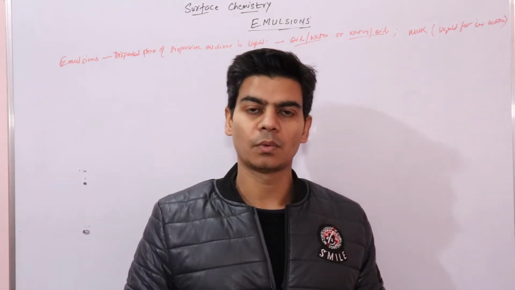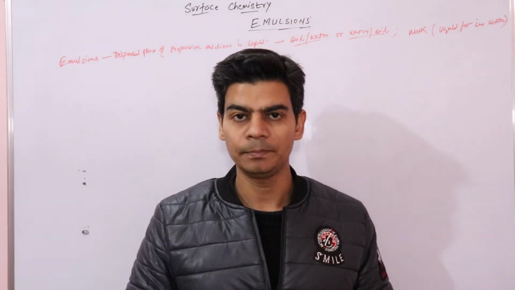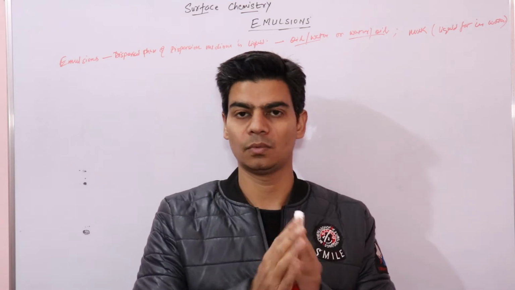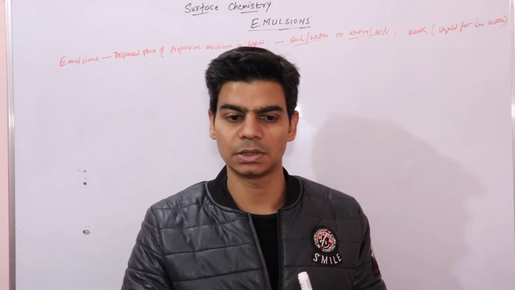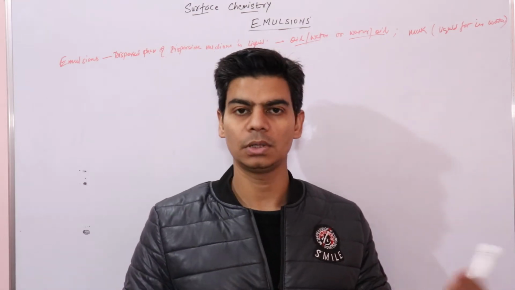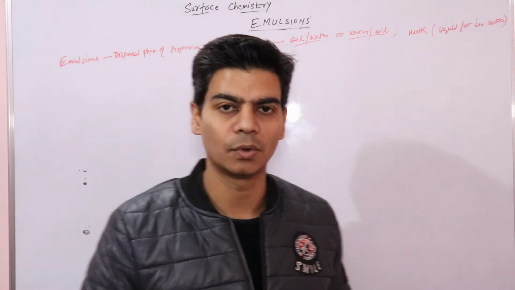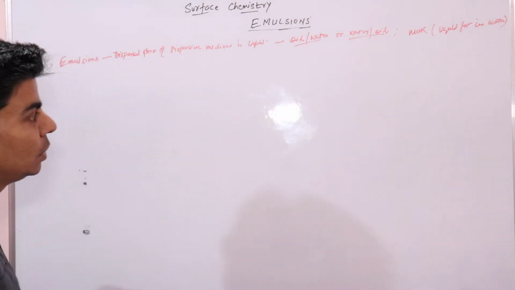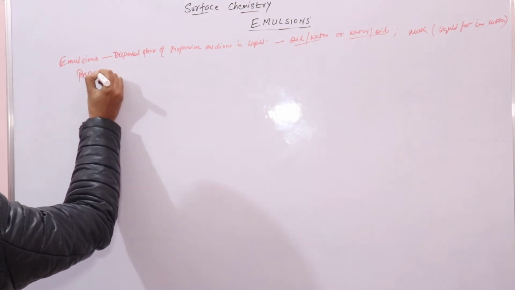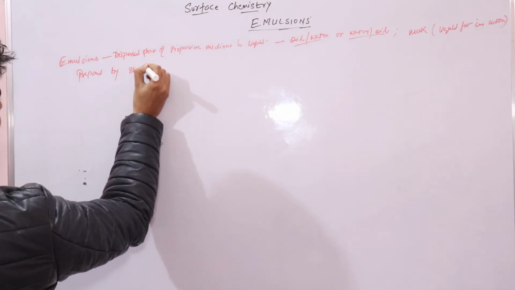So if you shake them vigorously, the two will mix, and then the two form what we call an emulsion. Emulsion of oil in water or water in oil, depending upon the quantities of either oil or water, which we will discuss in a moment. So it is prepared by shaking two liquids.